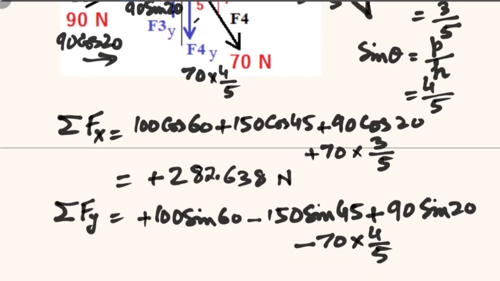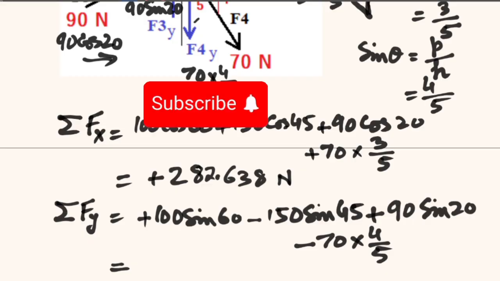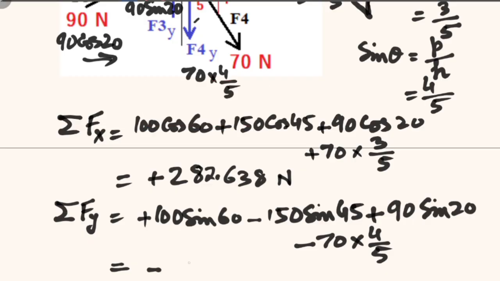Okay, so now we take the total, put these values in the calculator. 100 sine 60 minus 150 sine 45, all these values, so we get this value as minus 44.68.